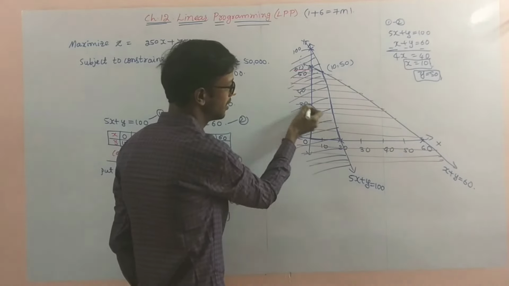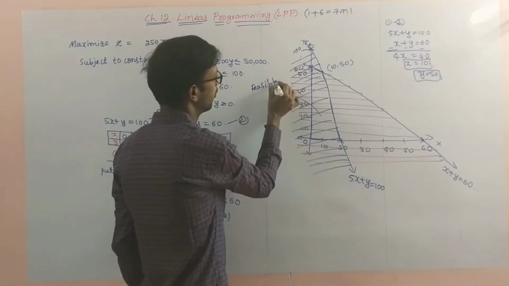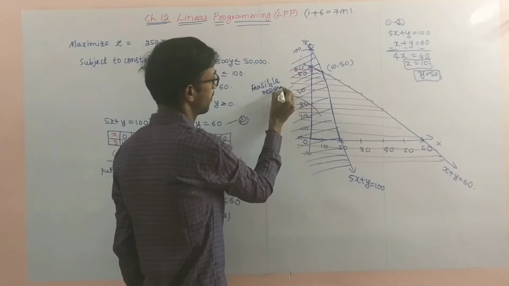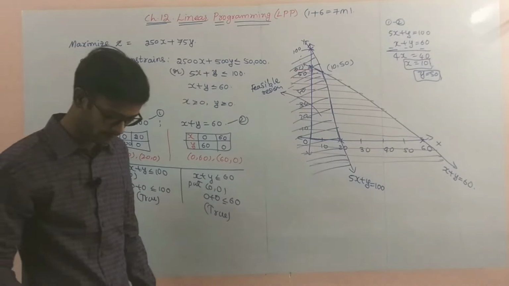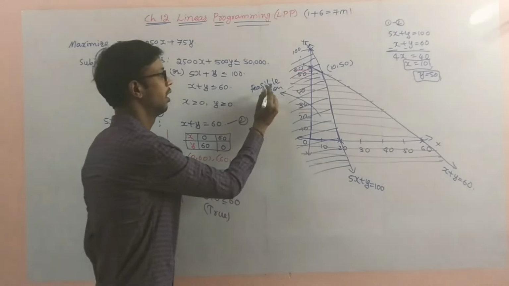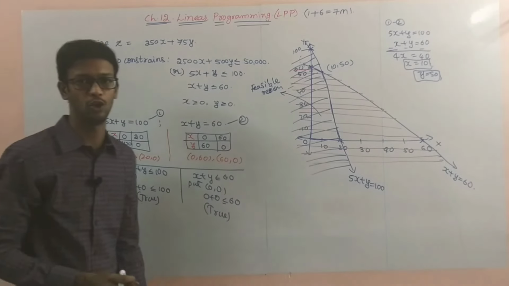This common region is called the feasible region.